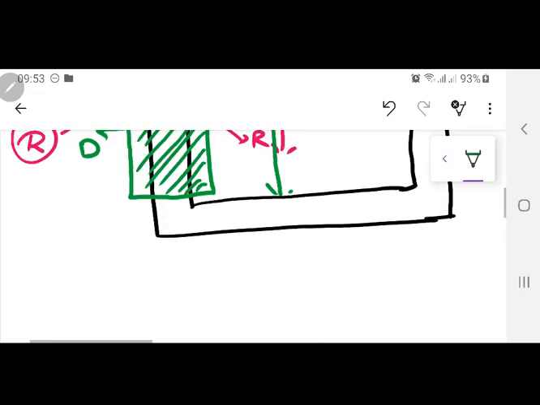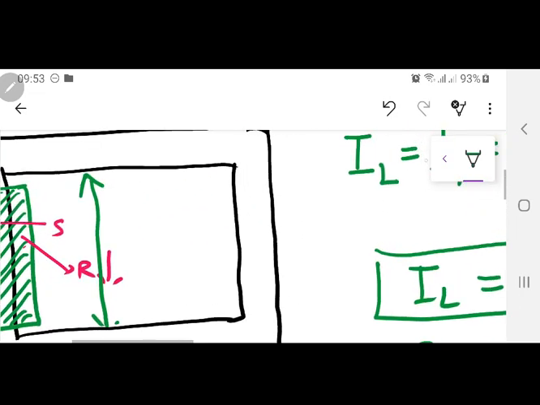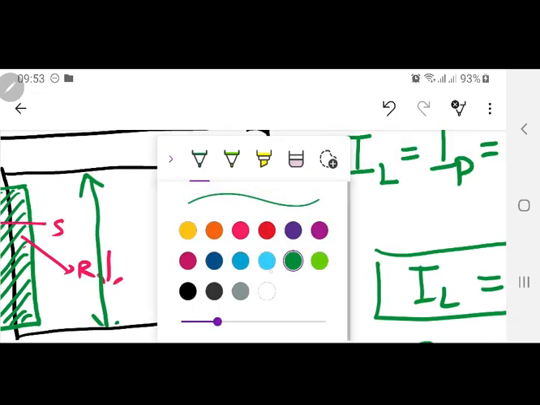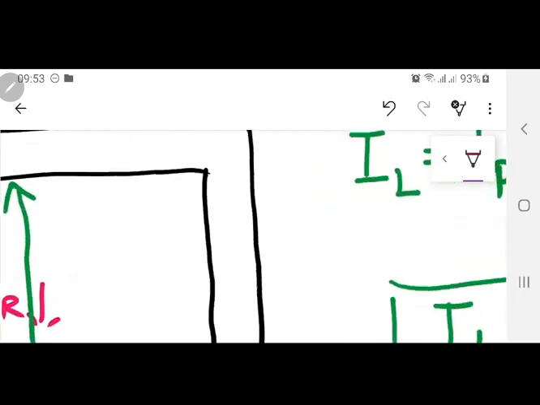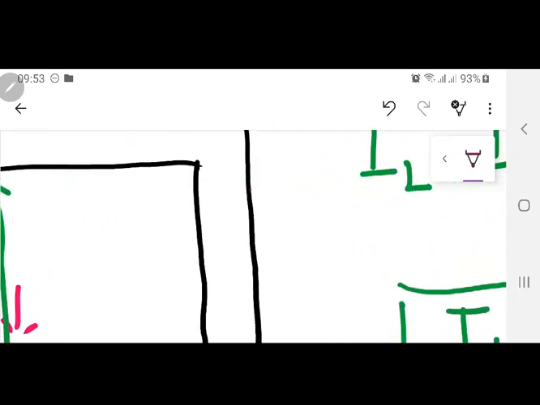Now for 1 cross 4, let me make another winding here just for example. If I want to make it on this one, this will be the first conductor, this will be the second, this will be the third, and this will be the fourth. Now this is not 1 cross 4, this is 4 cross 1, because width-wise you are going W, and depth-wise there is only 1.